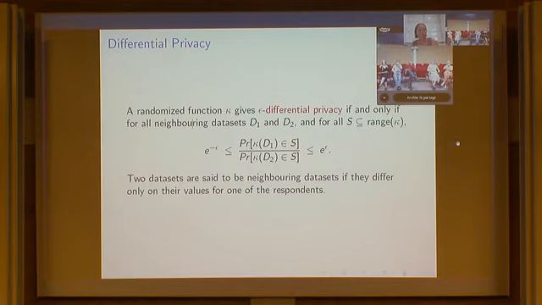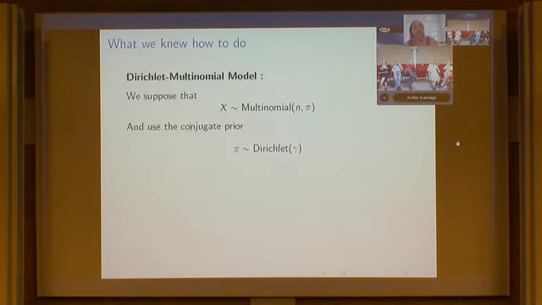So we're trying to do that for Bayesian modeling. What we already knew how to do when I started thinking about it, there was one example, which is the Dirichlet multinomial model. Suppose we have some data x that comes from a multinomial distribution with n, the sample size, and pi, which is a vector of probabilities.